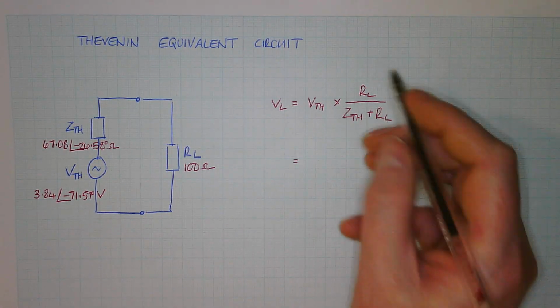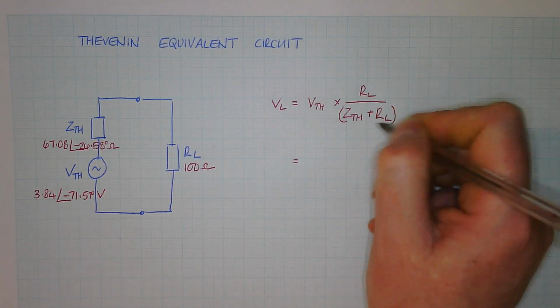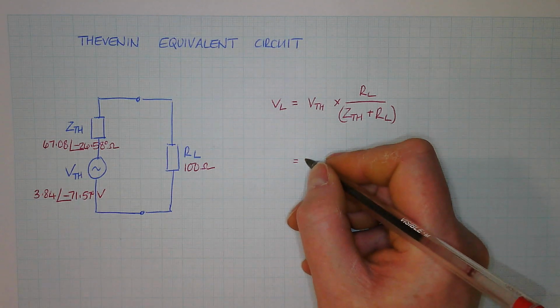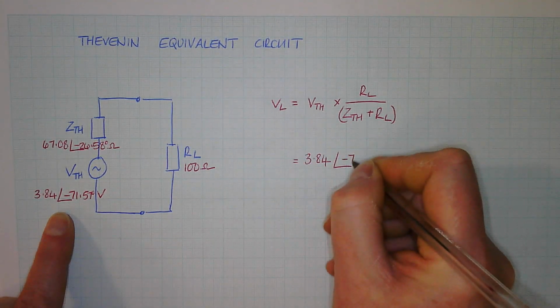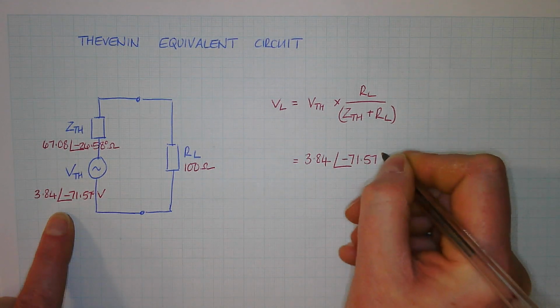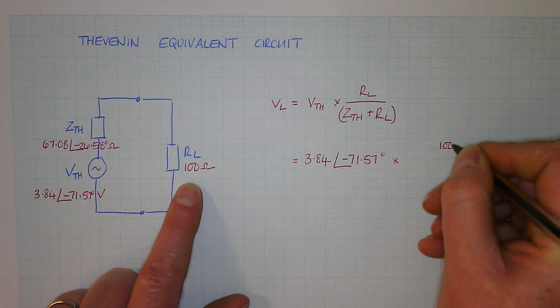Now because you're multiplying there, you want these ones to be in polar form and you want these ones to be in rectangular form. So your V Thevenin is 3.84 at an angle of minus 71.57. Your RL, that 100, in polar form is 100 at an angle of 0.